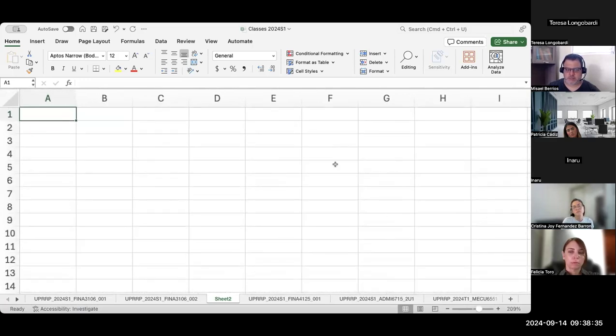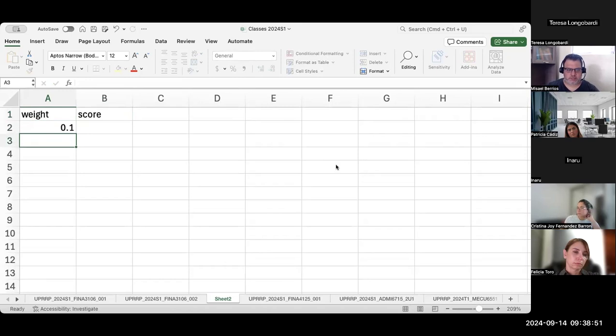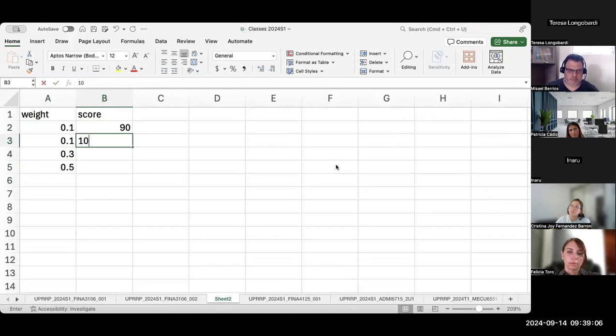You can call this the weight or PI. The way I talk about it is weight and score. Those are the terminology that I use. I put the weights here. The main thing is to clear up what you're doing in the beginning. Once you set it up, you're on your way, right? And for the score, it's 90, 100, 60, and 50. So now I'm ready.